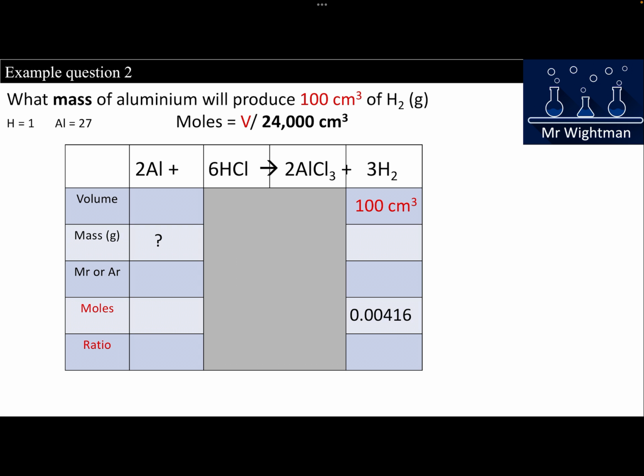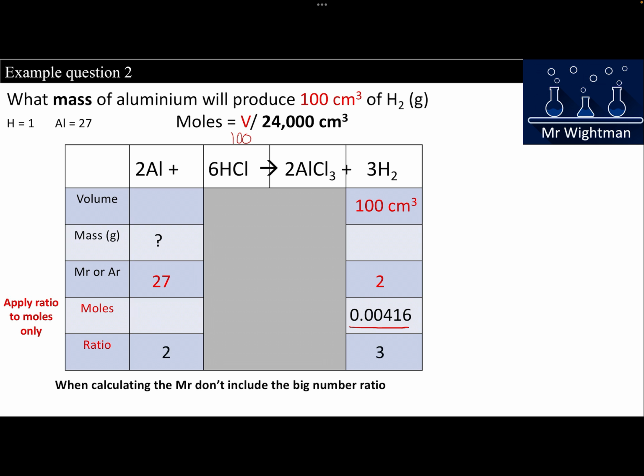0.00416 moles of hydrogen. We can get that by doing 100 divided by 24,000, as my volume was 100. So 100 divided by 24,000 is 0.00416. The ratio is 3 to 2. I know this because from the equation it says 3 and it says 2.